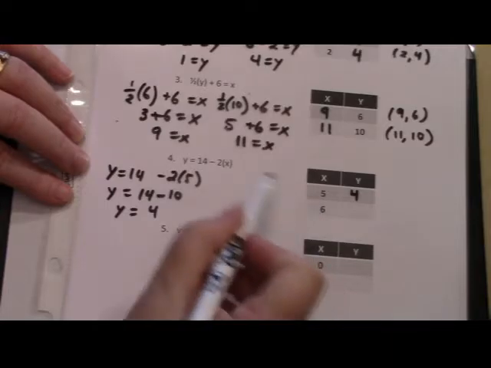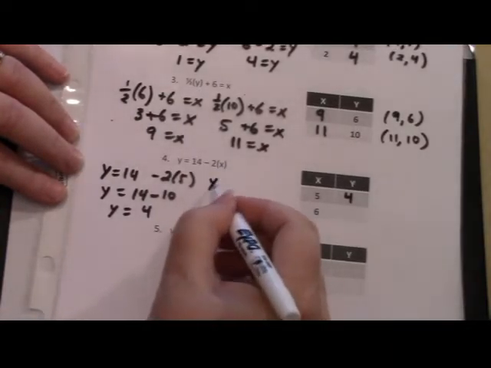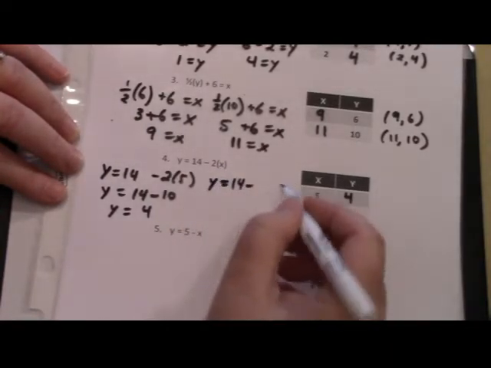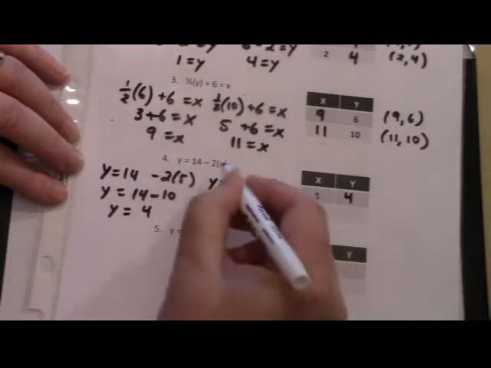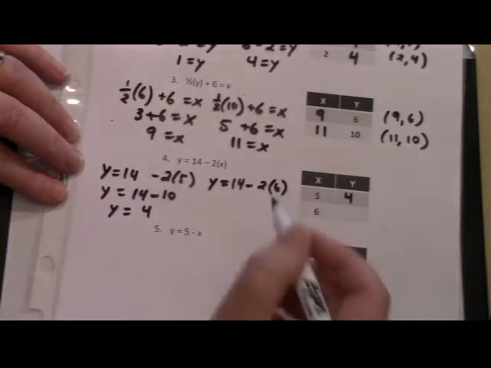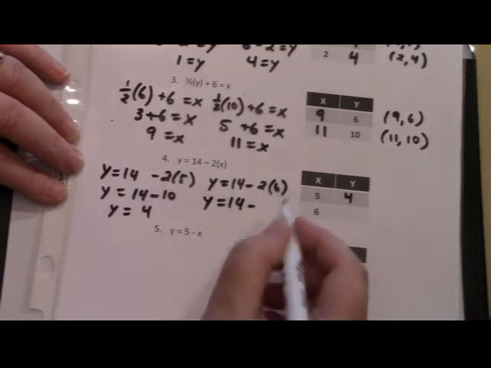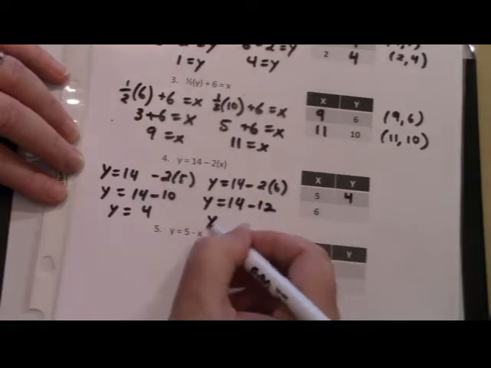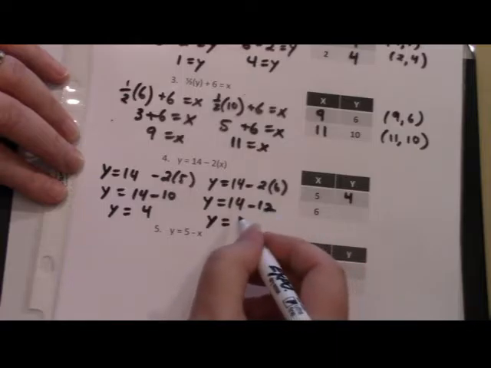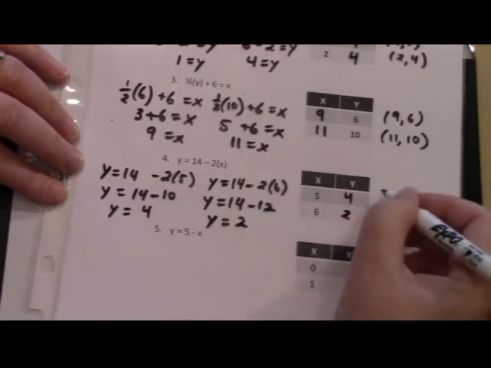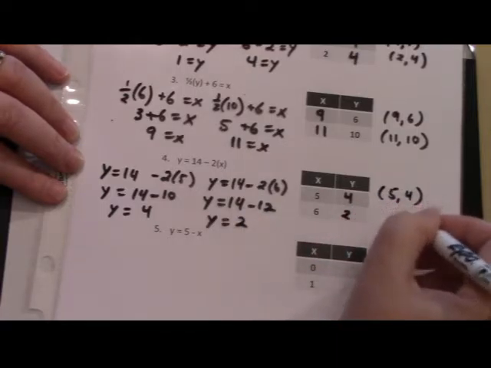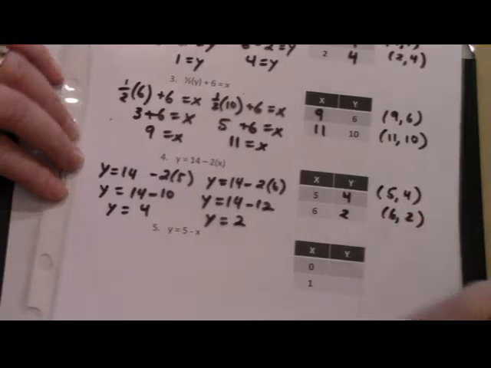Well, now let's substitute 6 in for x. Y equals 14 minus 2 times, not x, but 6. Y equals 14 minus 2 times 6 is 12. Y equals 14 minus 12, which is 2. And there are my 2 coordinates, 5, 4, and 6, 2.